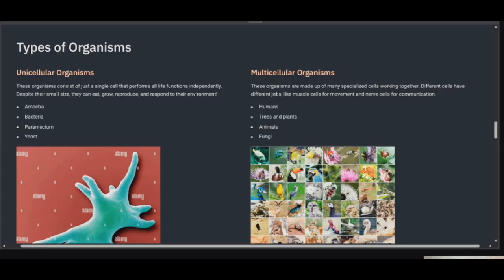So different organs perform different functions. Here the life processes are distributed among different organs, or amongst different systems, for example, the respiratory system and excretory system. Examples of multicellular organisms are humans, trees and plants, animals, and fungi.